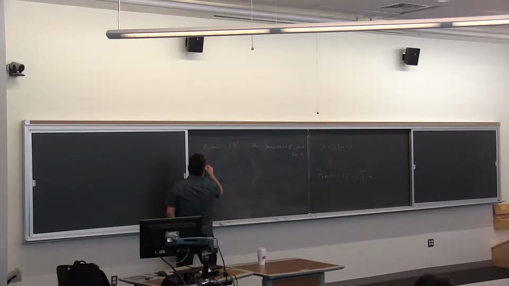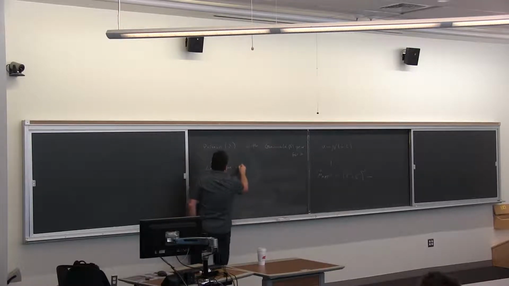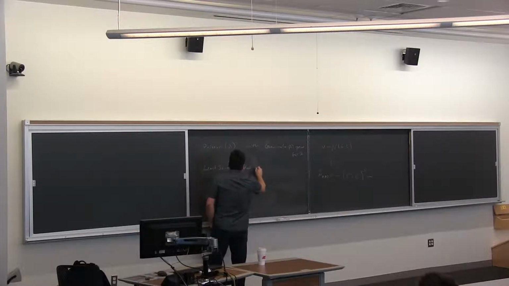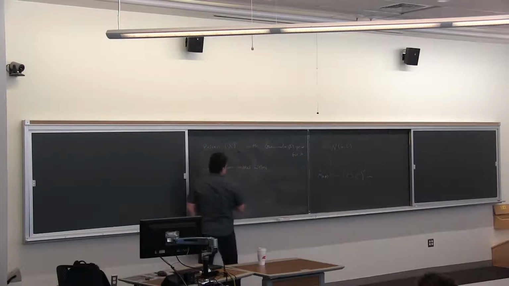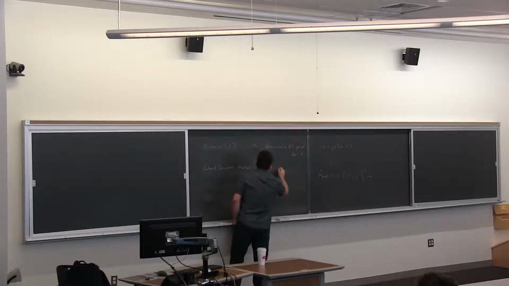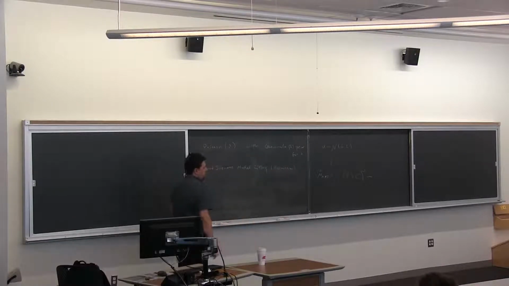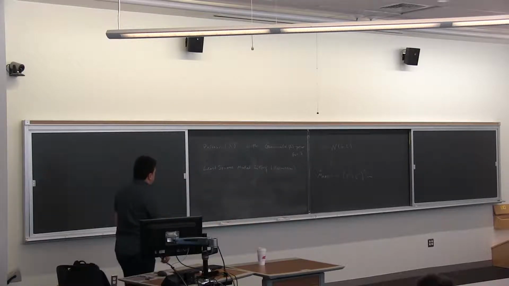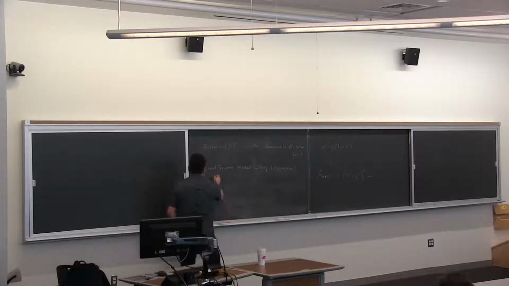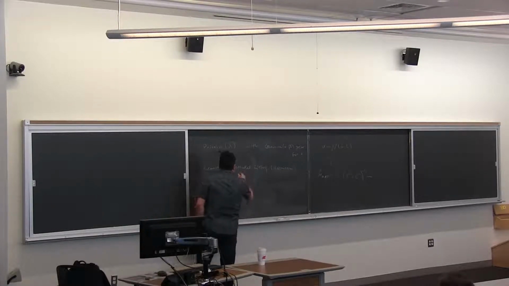Then we will look at least squares model fitting. Okay, so least squares model fitting, or you might want to call it regression, as most people do. So least squares curve fitting, model fitting, or regression as ML or MAP parameter estimation.